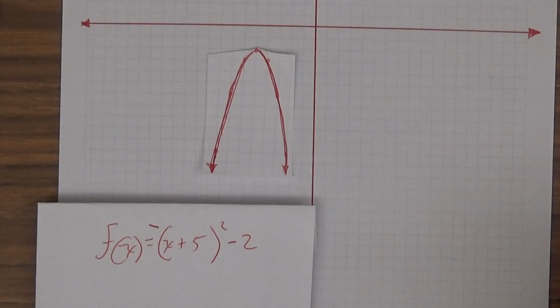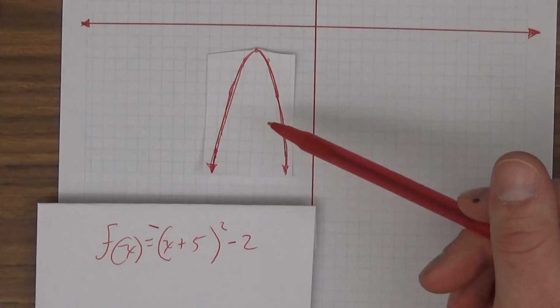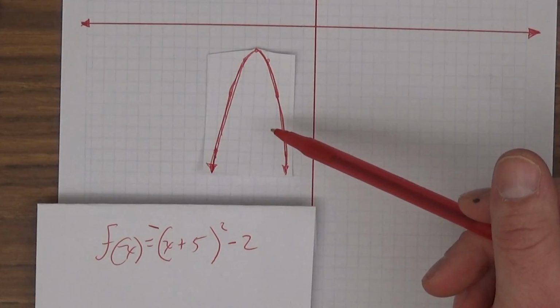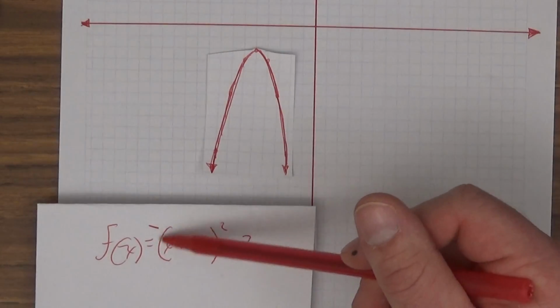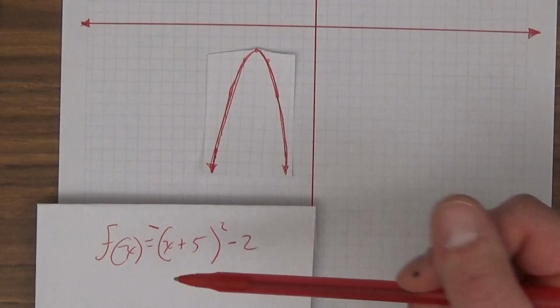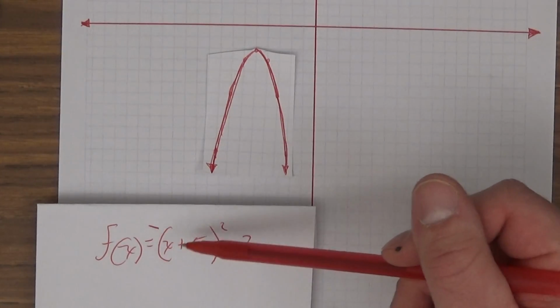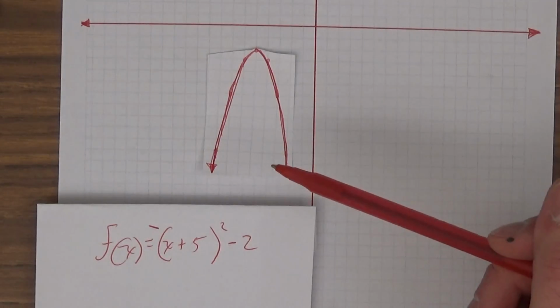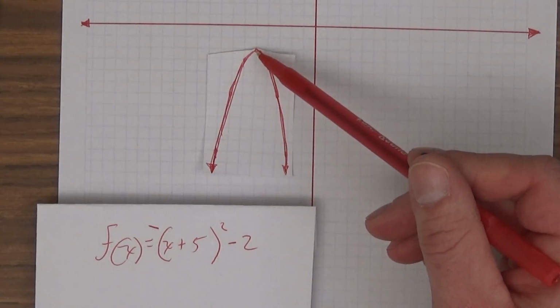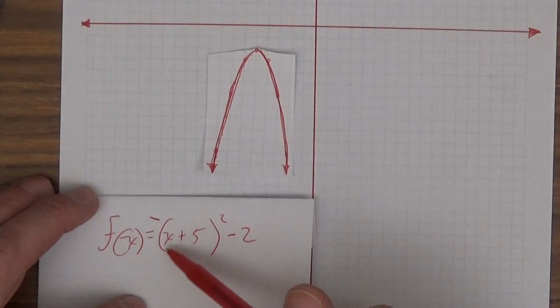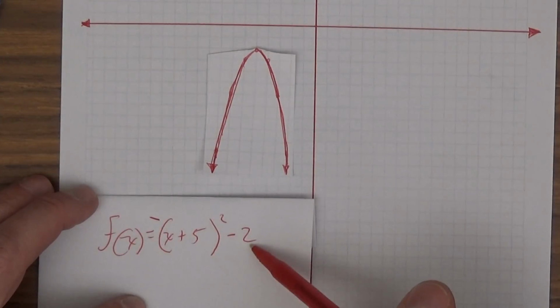Okay. This function has the same commonality because it doesn't have a numerical value in front of this. What we can do is come up with where that vertex is by looking at the values in here.